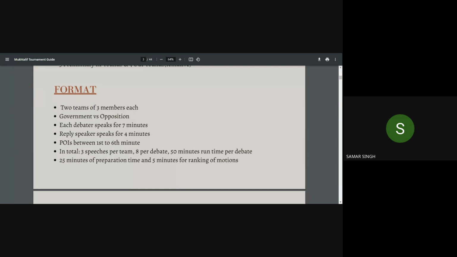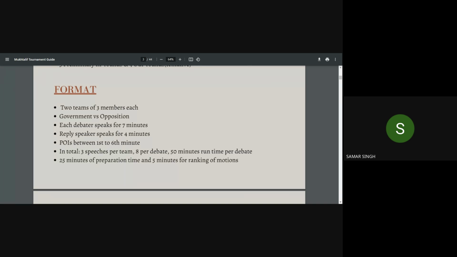In the first and the last minute of a speech, the opposition team or your opponents cannot ask a POI. So in total, there are 8 speeches per debate, 50 minutes of a debate, and there's a prep time for the motion, which is just 30 minutes.